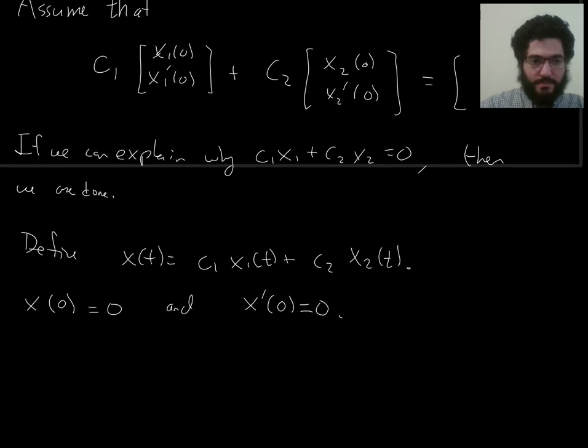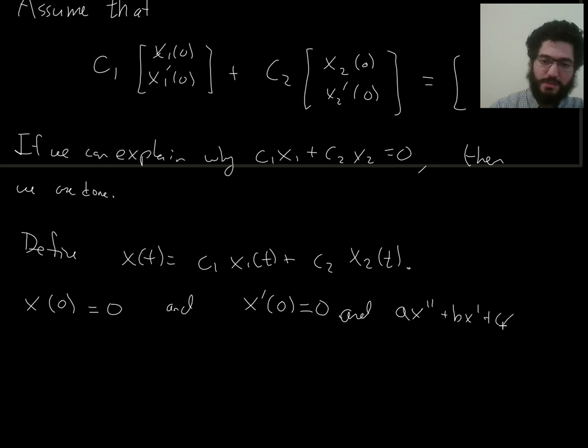Then we have a third condition here. In addition to x of 0 equals 0 and x prime of 0 equals 0, we also have, let me write it fully like this: ax prime prime plus bx prime plus cx equals 0. So that means x satisfies this initial value problem.